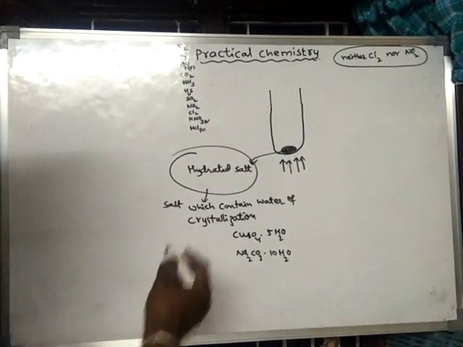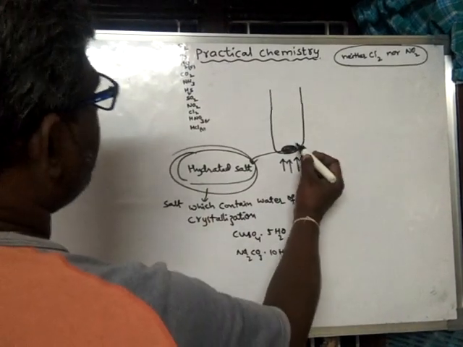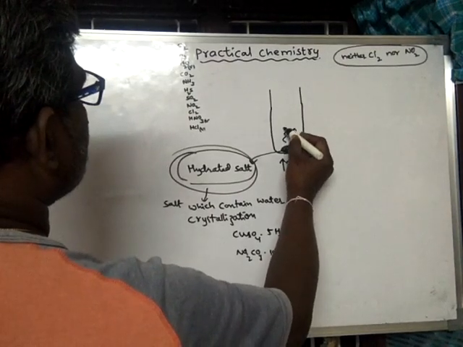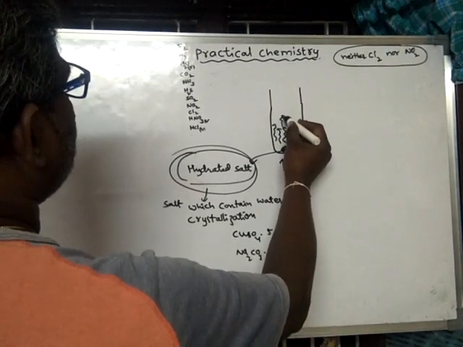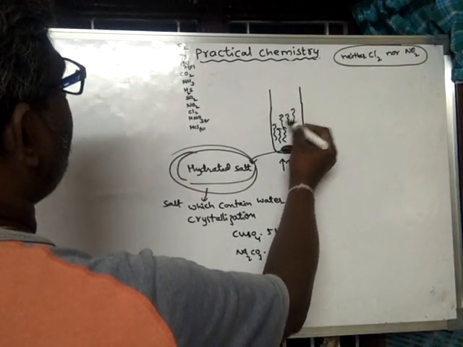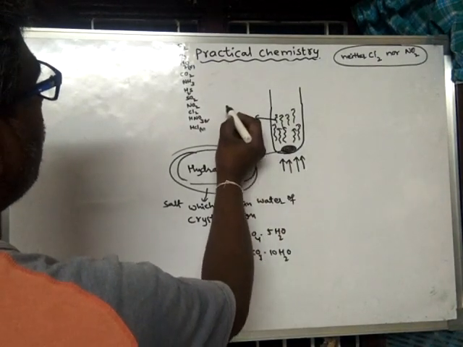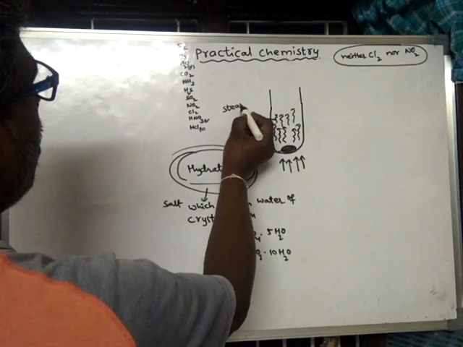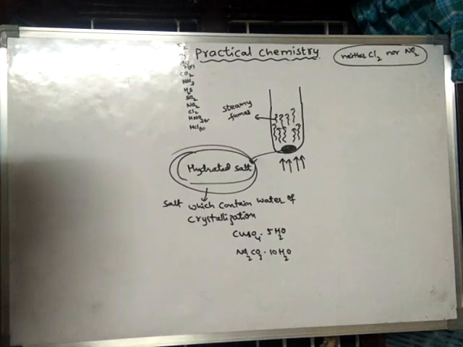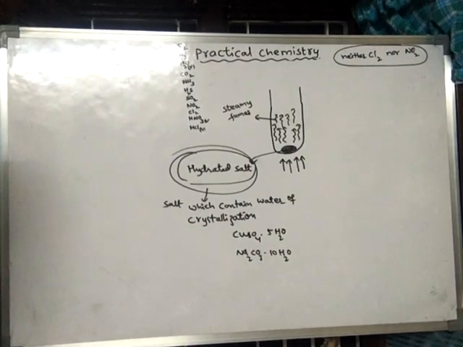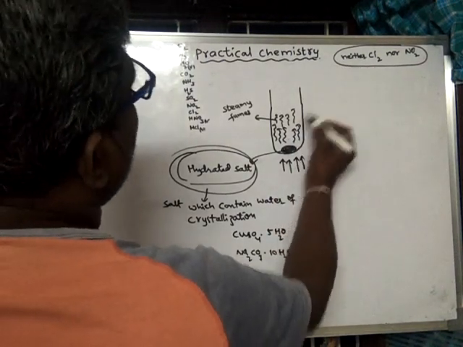The special behavior of a hydrated salt is that when it is heated, it produces steamy fumes. Any hydrated salt, when heated, produces steamy fumes. Now if you observe, these fumes are colorless.